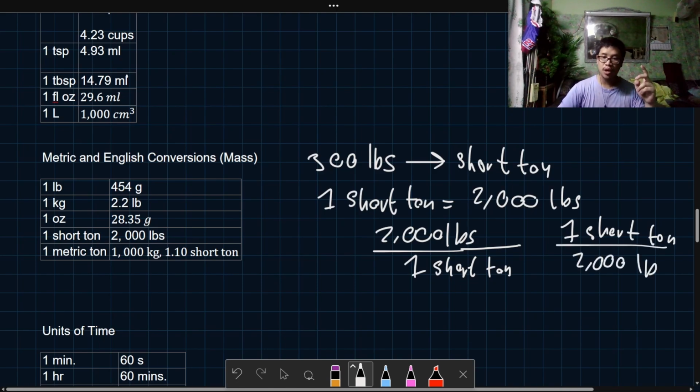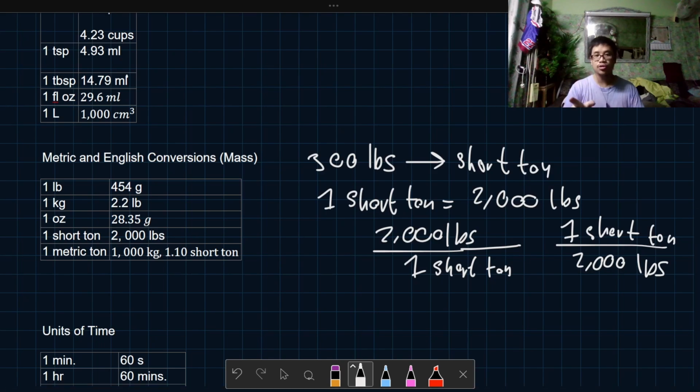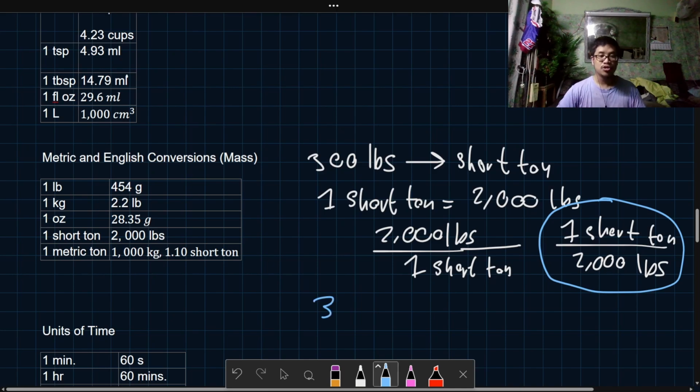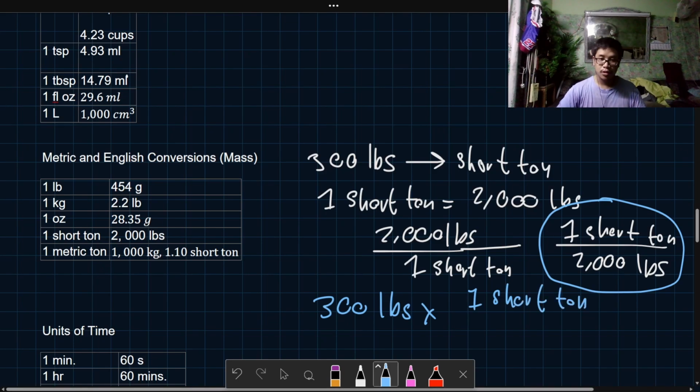Pick which of the fractions you're going to use to multiply 300 pounds so that the pounds will be cancelled. It's this one. So you have 300 pounds times one short ton all over 2,000 pounds. The pounds here are cancelled.